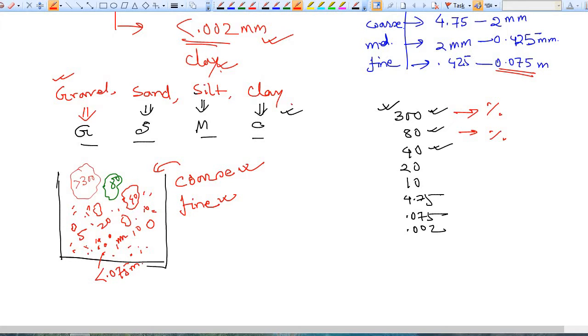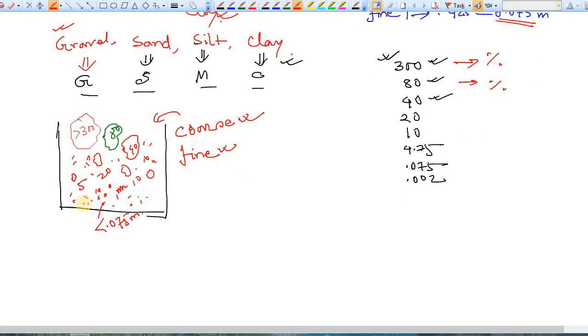For that, you have to sieve this composite soil, and for that you will have sieves with standard sizes based on the standard. This is the sieve, and in plan it will look circular, and here you can see that there are lots of openings based on the sieve size.